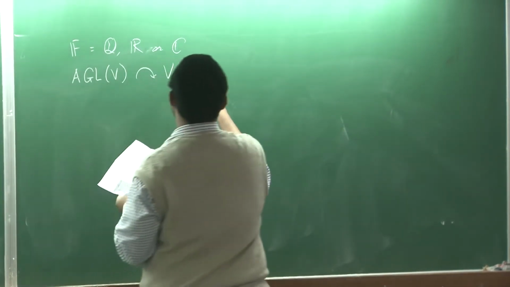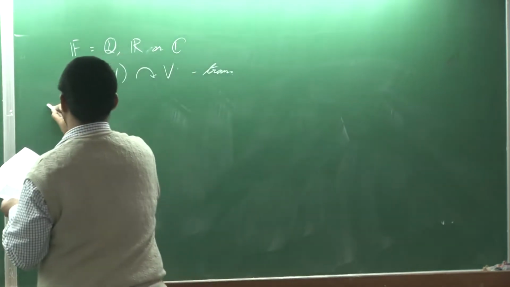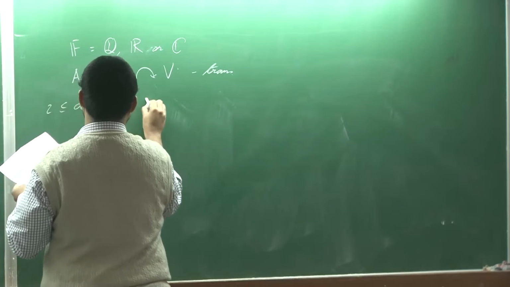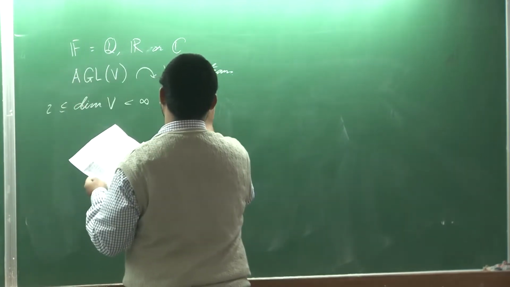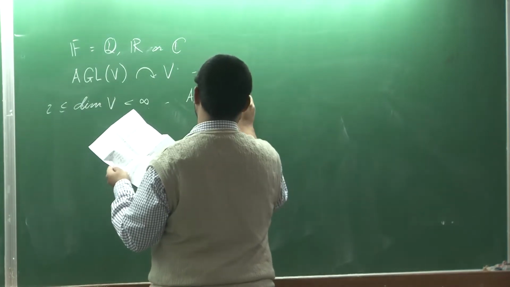So this is transitive, and when the dimension is finite, and of course at least 2, then the action of SLV is also transitive.